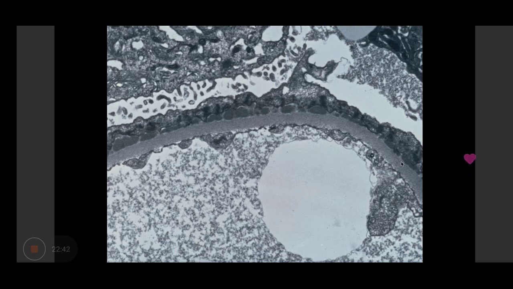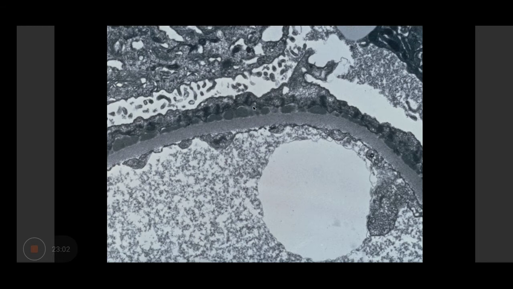Here you have the basement membrane. This is your endothelial surface. Now, on the outer surface of the basement membrane, you see these large electron-dense deposits. These are your classical feature of membranous glomerulonephritis, and they are called subepithelial deposits.